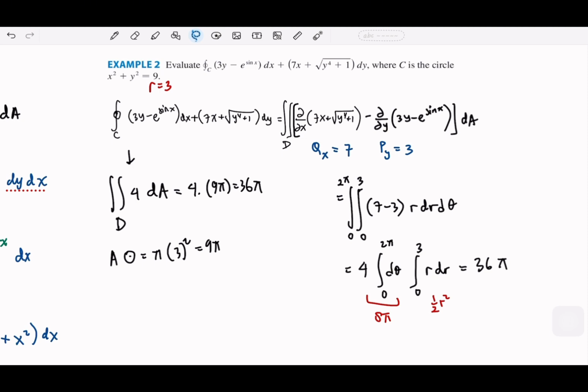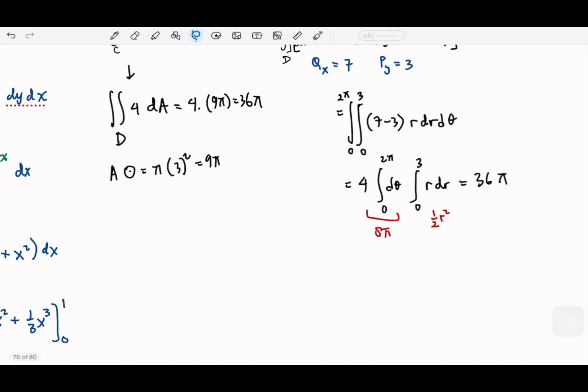If, for example, you know the P_y or Q_x is going to be 0, then the whole double integral will also be 0. This is just a note here.